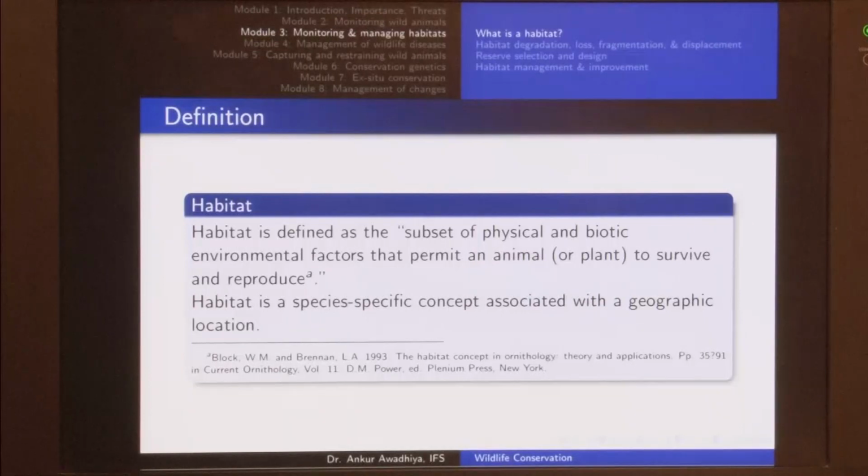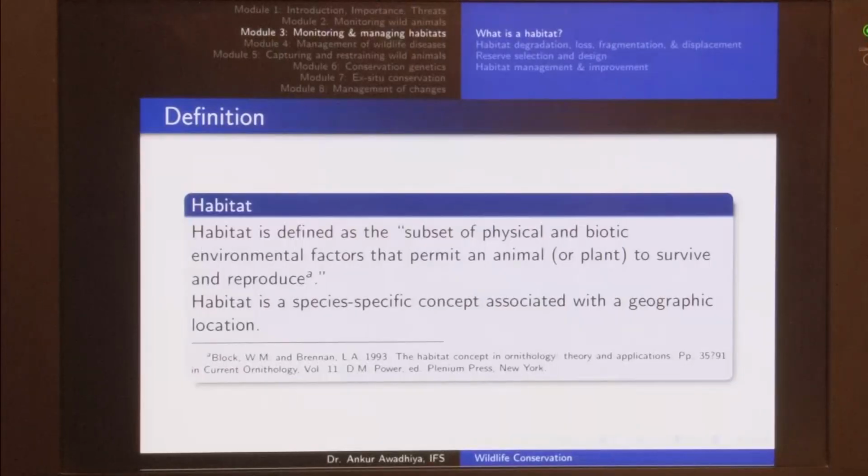We have these terms survival and reproduction because even if you take an animal or a plant to an area which is not very optimum, it might survive, but it is generally observed that an animal or a plant reproduces only when the conditions are most optimum for that organism.